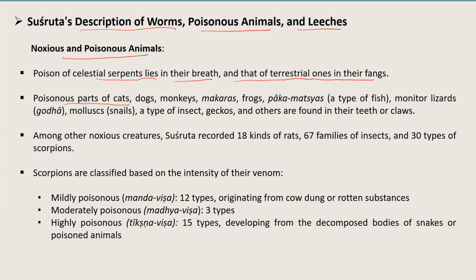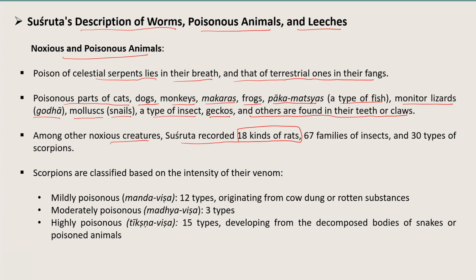Poisonous parts of cat, dog, monkey, makar, frog, paka matasya, a type of fish, monitor lizard, godha, molluscs, snails, a type of insect, geckos and others are found in their teeth or claws. Among other noxious creatures, Sushrut recorded 18 kinds of rats, 67 families of insects and 30 types of scorpions.